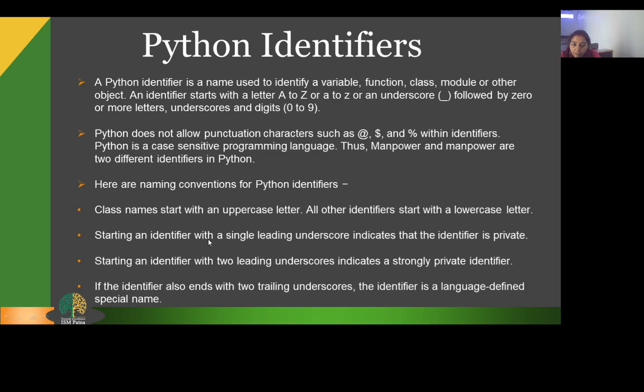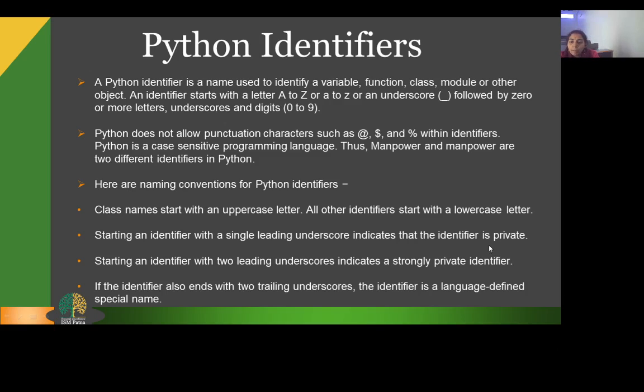Starting an identifier with a single leading underscore indicates that the identifier is private. Starting an identifier with two leading underscores indicates that it is a strongly private identifier. If the identifier also ends with two trailing underscores, the identifier is a language-defined special name.